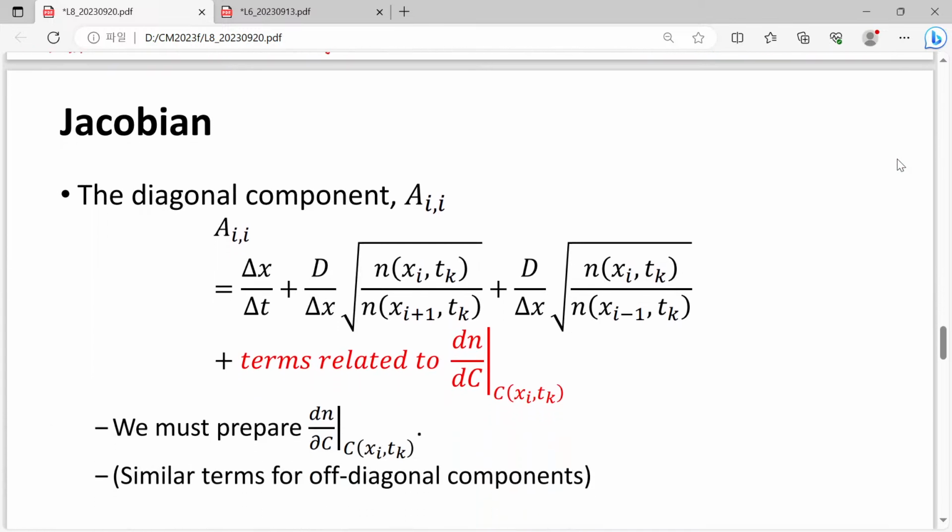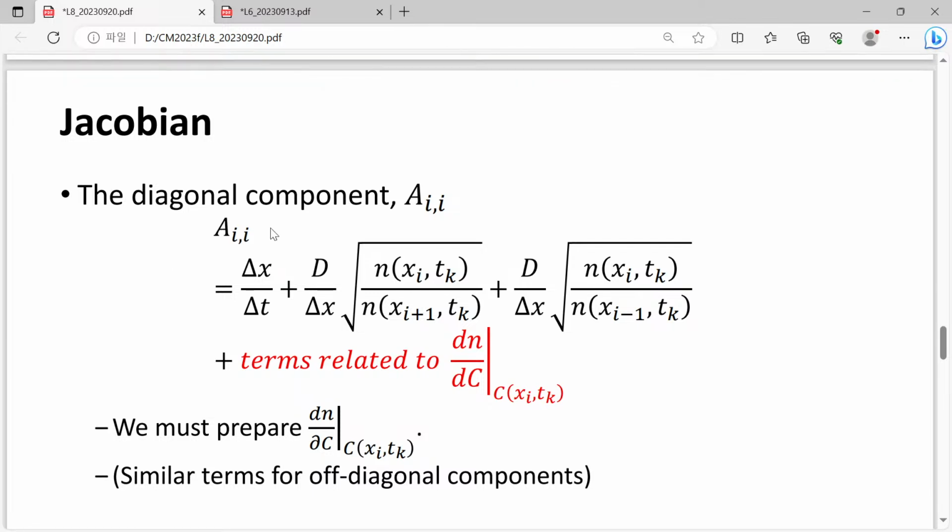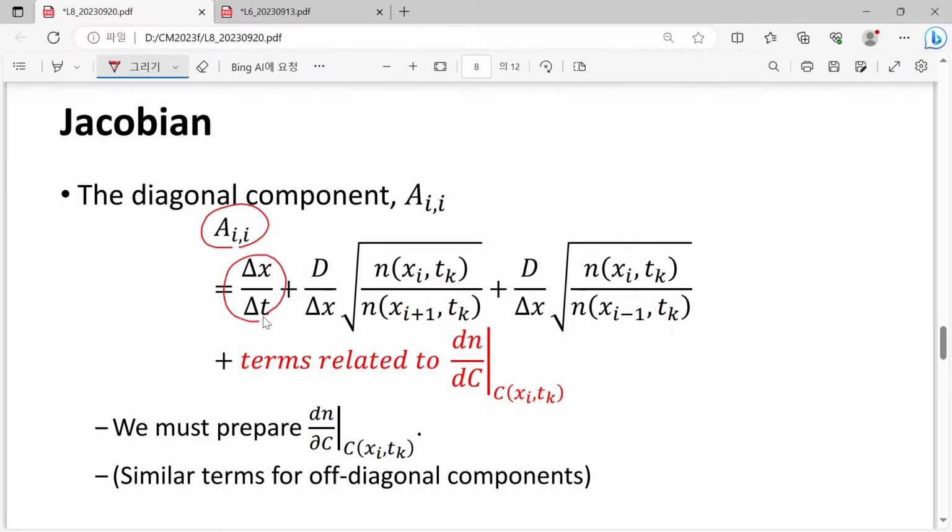Well, now you understand. When you do it, you will have a diagonal component, which originates from the time derivative term. It's a time derivative term, and you have these terms.